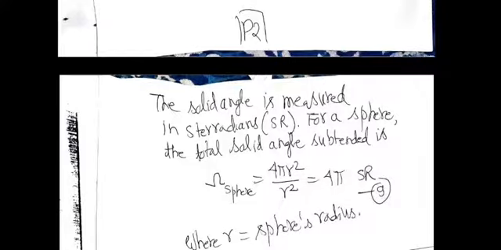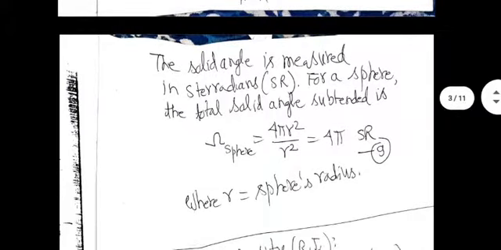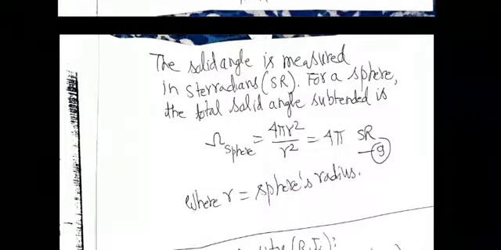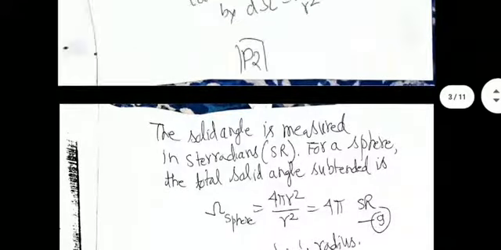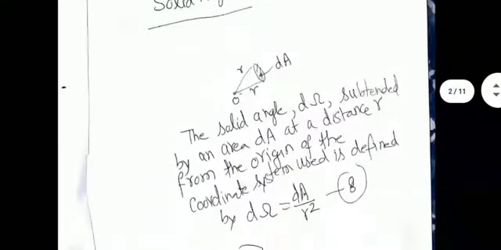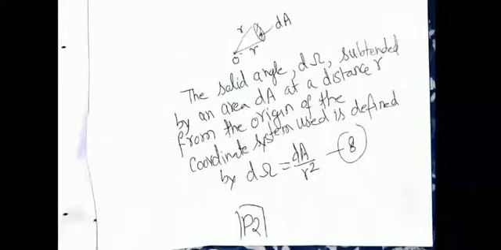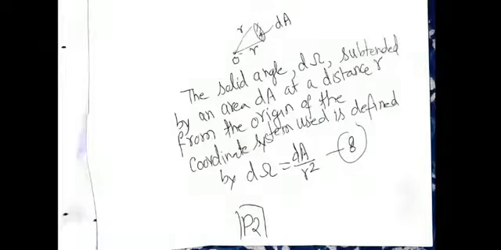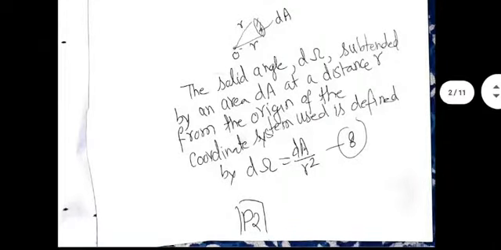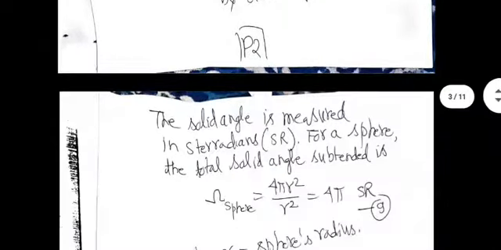For a sphere, the total surface area is 4 pi r squared, and that divided by r squared, because that's the way solid angle is defined: area divided by distance squared. That gives you 4 pi.